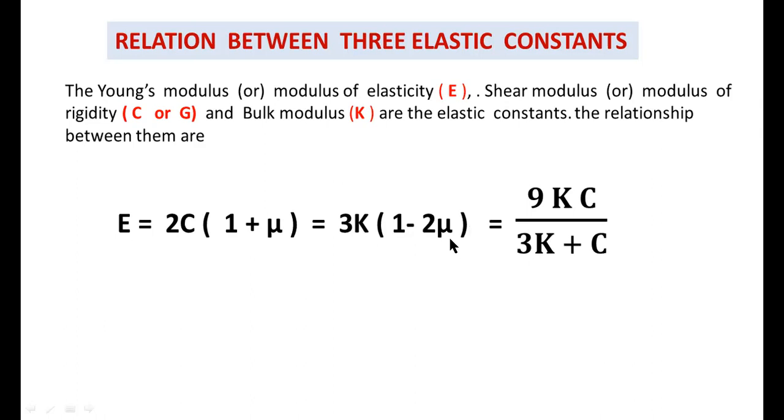Here mu is the Poisson's ratio, C is the shear modulus or modulus of rigidity, capital E is the Young's modulus, and K is the bulk modulus. This is the relation between the three elastic constants.